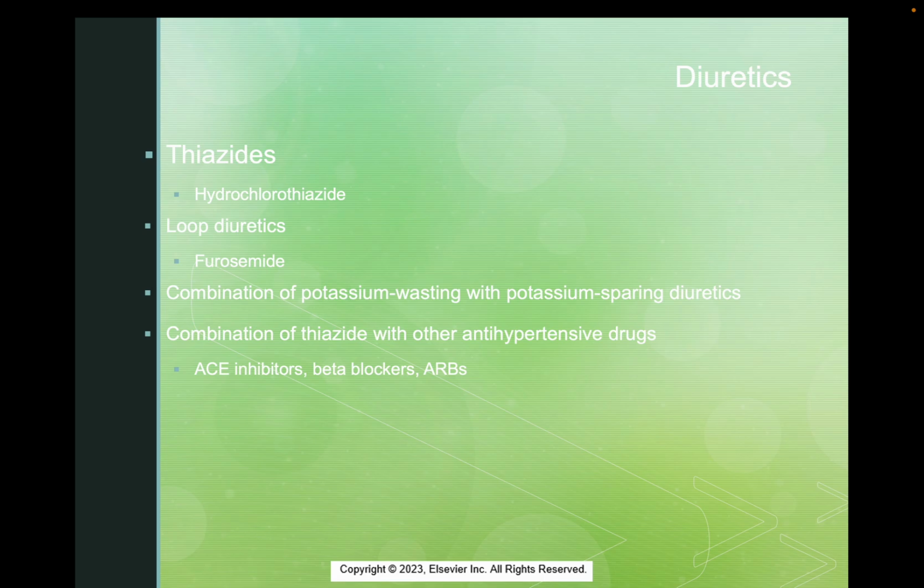So there's the combination of potassium wasting and potassium sparing diuretics. We talked in our fluid and electrolyte lecture about how, when you give diuretics, there are certain diuretics that do not spare electrolytes when they flush out your system.